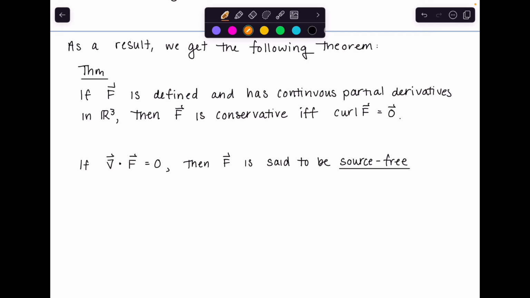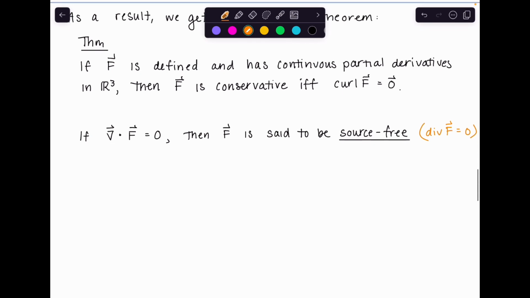This is just saying that the divergence of the vector field is nothing. You're not diverging, so there's no source that's pushing you out. It's basically like there's no pole or magnet in there that's just telling you to get away from here.